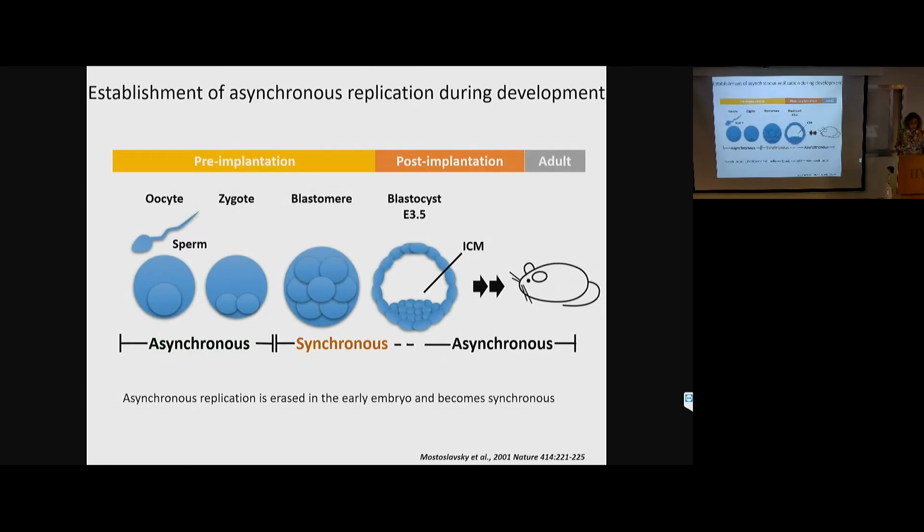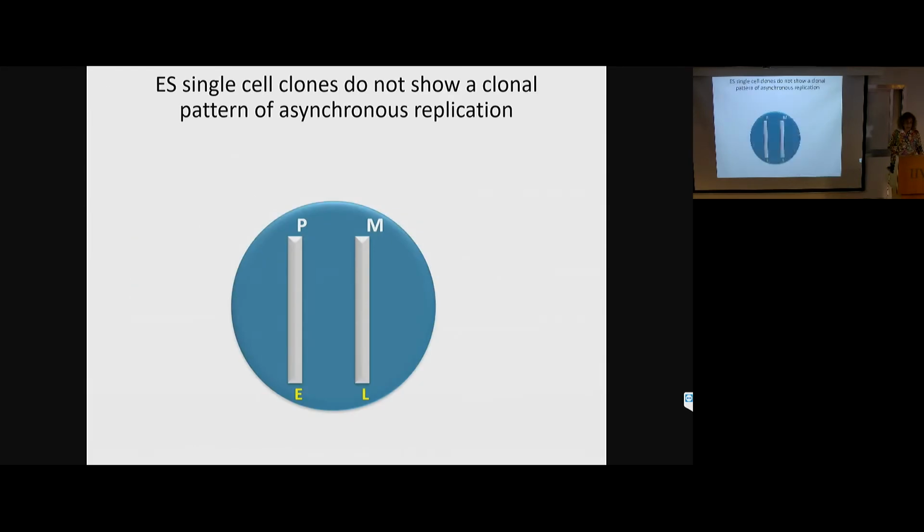So we looked during development, and we showed that at the beginning, in the blastocyst, we have synchronous replication. But right after implantation and from then on to the life of the animal, these particular regions replicate in an asynchronous fashion. But what happens in ES cells, a progenitor cell, or in this case, embryonic stem cell?